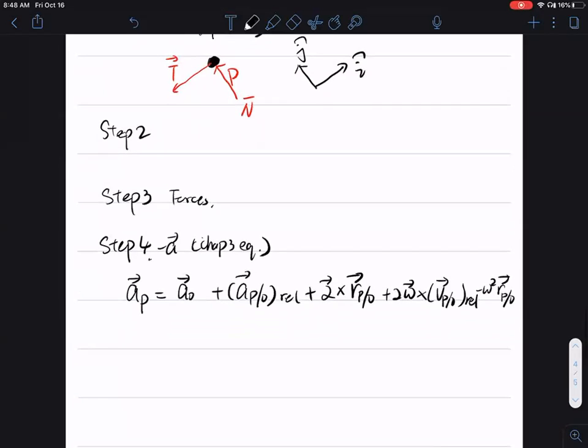Now you can plug in everything you know into this equation to look at what is the relative acceleration, what is alpha, what is omega, and you should get the expression for AP in terms of something I plus something J. I will leave this for you because one of your homework problems has a very similar setup.